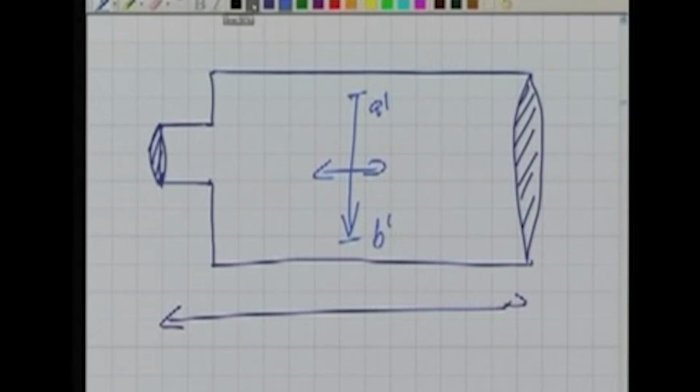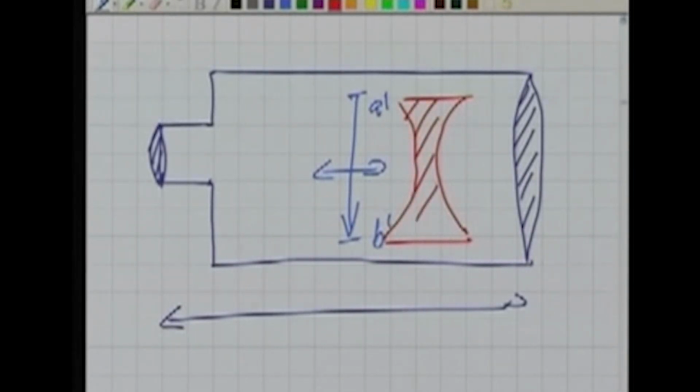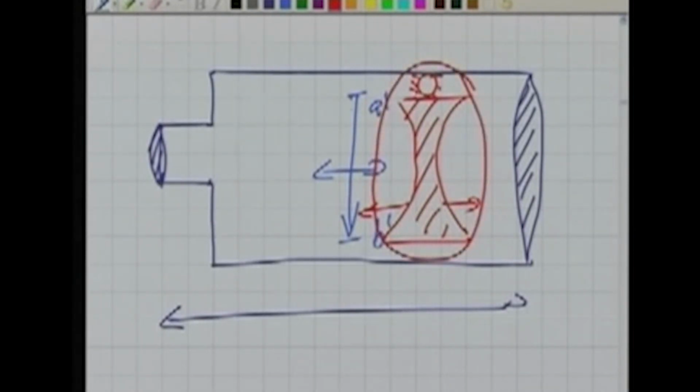For that there is an extra lens. An extra lens is fitted inside, and there is a gear mechanism, and this gear mechanism will move only this lens here and there. So because of the movement of this lens, our image will move here and there. So now what is happening?